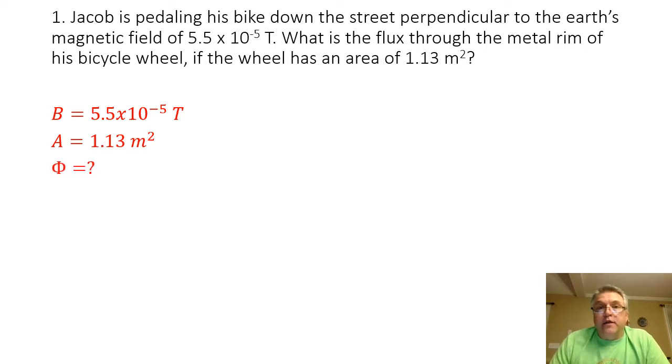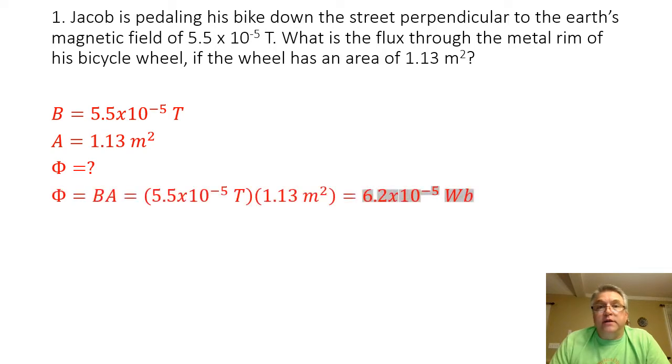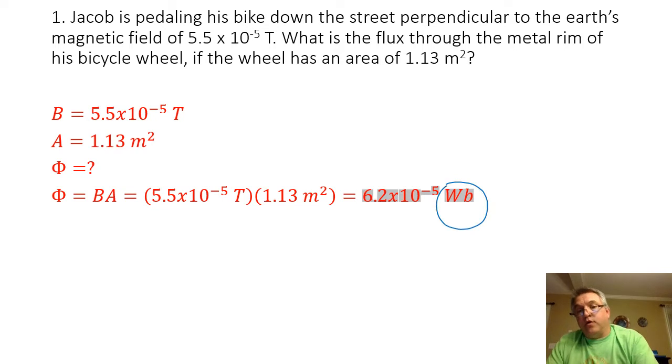I know that the magnetic flux is equal to the magnetic field times the area. So I just have to take my value for the magnetic field, multiply it by the area, and that is going to give me a magnetic flux of 6.2 times 10 to the minus fifth Weber. And remember, this is our unit for magnetic flux, the Weber.